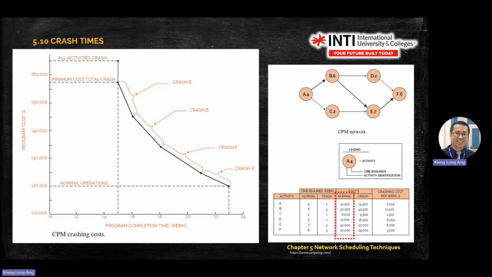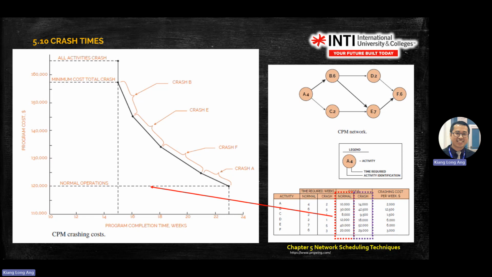You add 10, 30, 40, 48, 100, 120. So if everything runs normally, 120,000 is the normal operation cost.